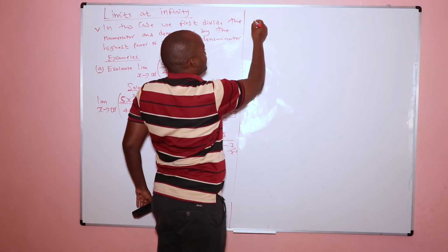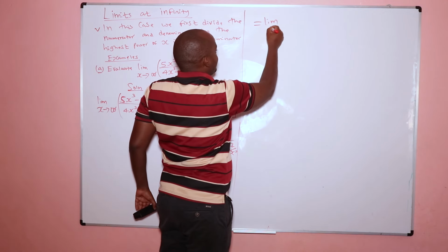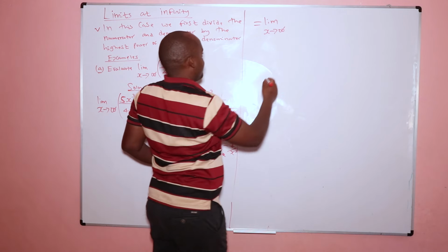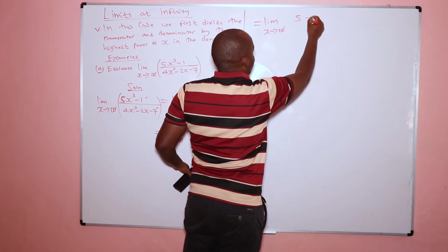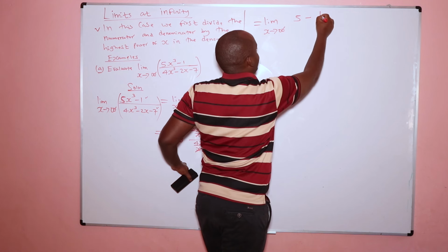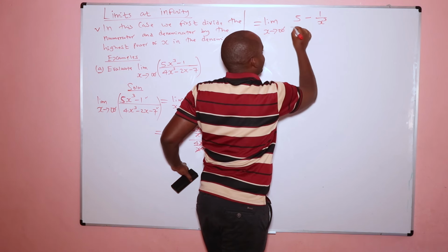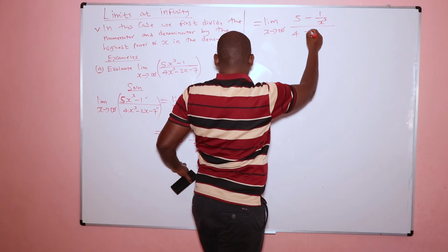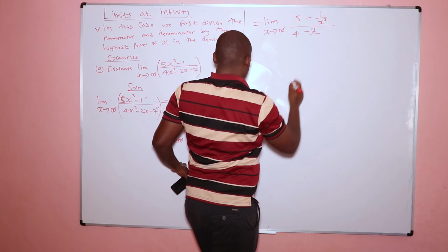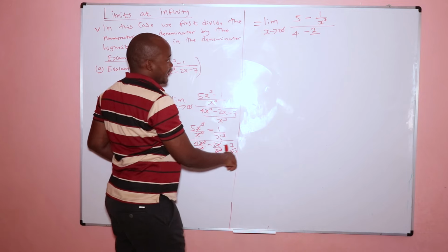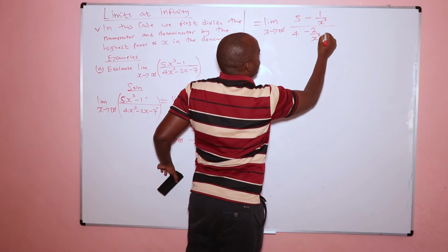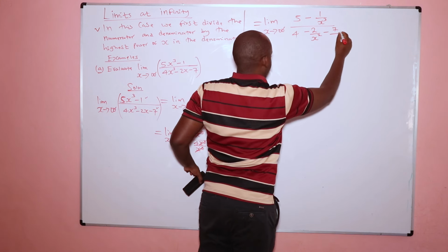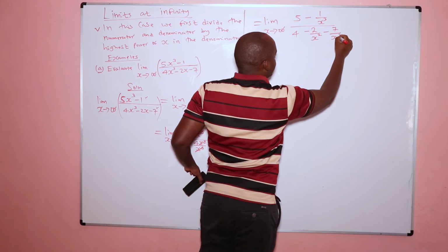So that now we shall have the limit as x approaches infinity of 5 minus 1 over x cubed, divided by 4 minus 2 over, we are left with an x squared there. The other one, it is minus 7 divided by x cubed.